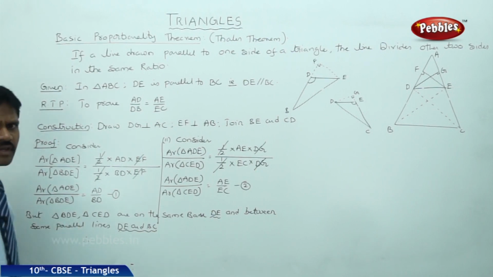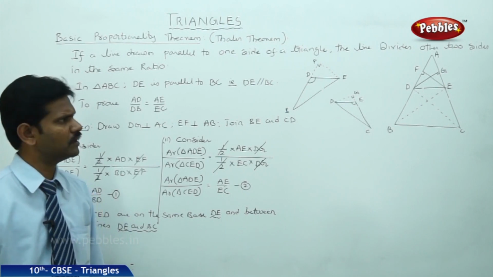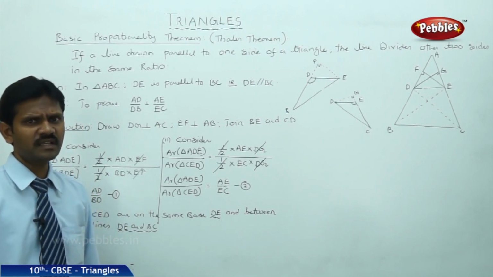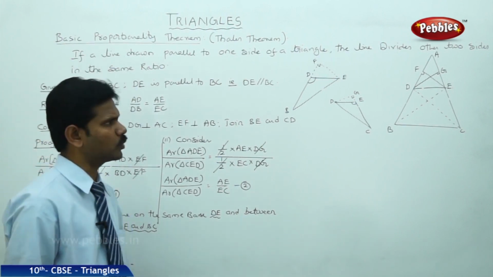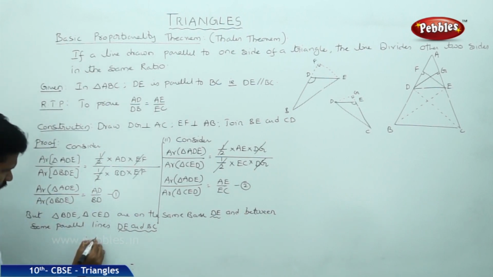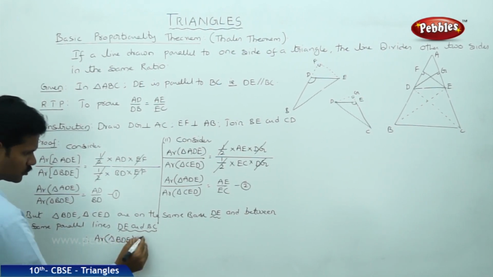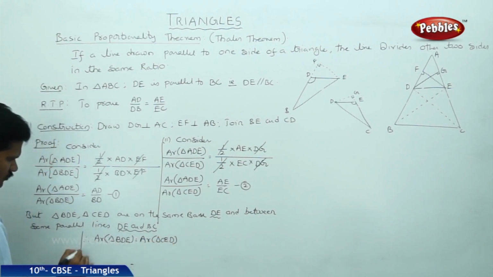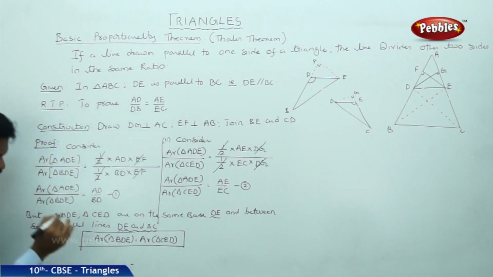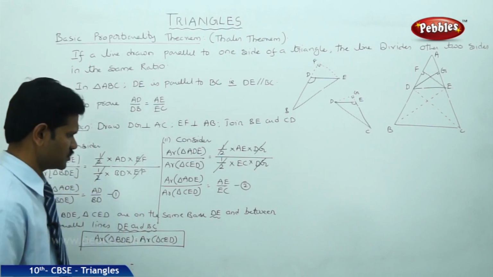Therefore, what we conclude from class 9th, a well-known theorem: if two triangles are on the same base and between the same parallel lines, their areas are equal. Therefore, we conclude that area of triangle BDE is equal to area of triangle CED. Both are equal, since these two triangles lie on the same base DE and between the same parallel lines.